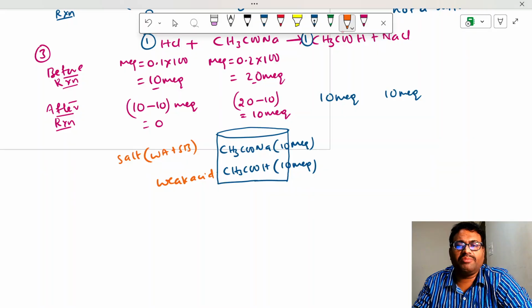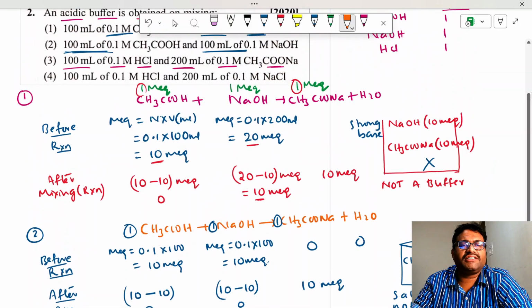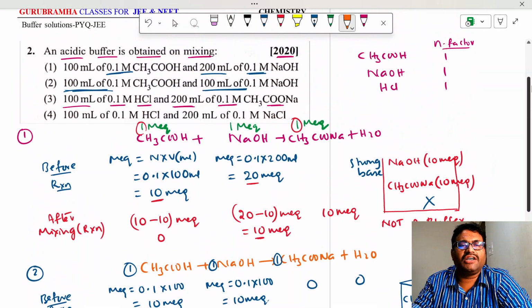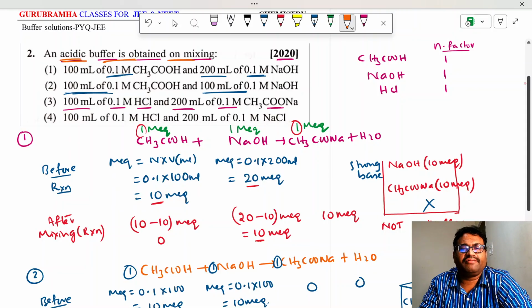So this is the combination of what? Acidic buffer. So is that what the question asked? Yes. The question asked is which mixture gives an acidic buffer. So acidic buffer is obtained on mixing, this third option.